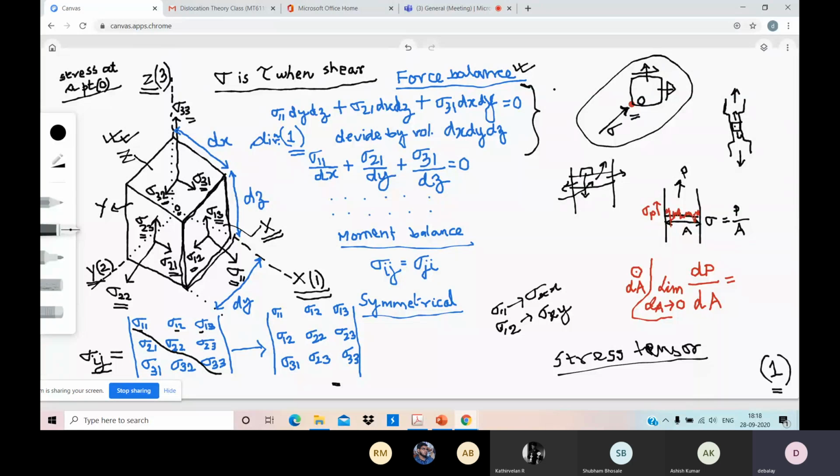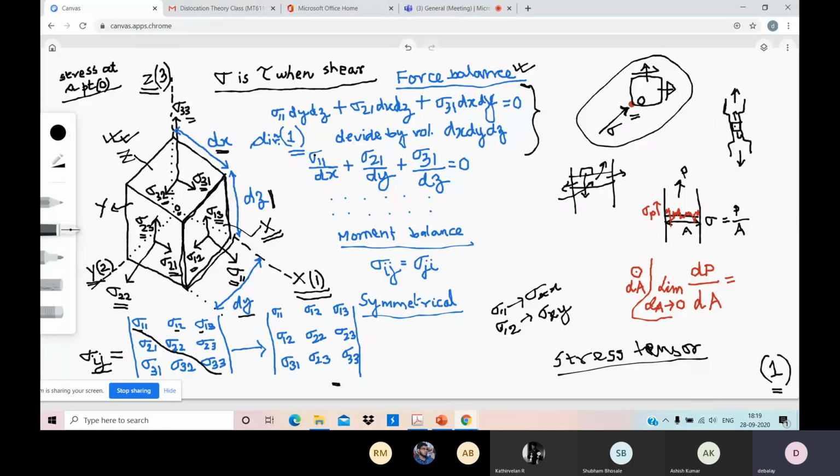Net force in any particular direction has to be zero. Now you can see that we are representing the dimensions of the body as dx, dy, and dz: dx along the x direction, dy along the y direction, and dz along the z direction.